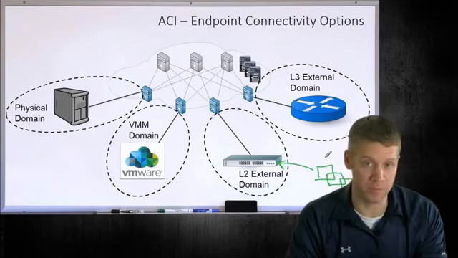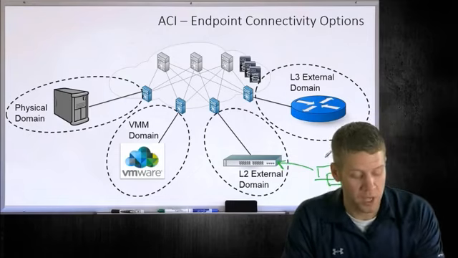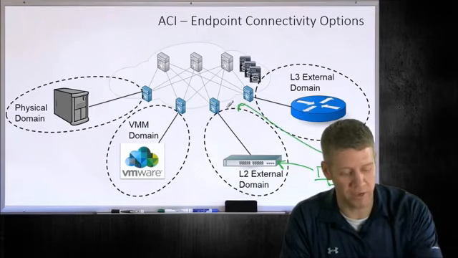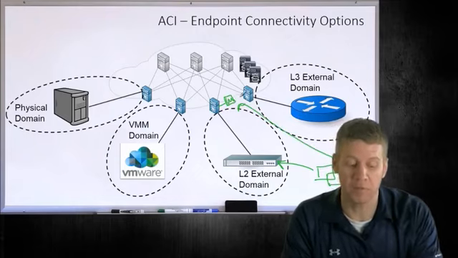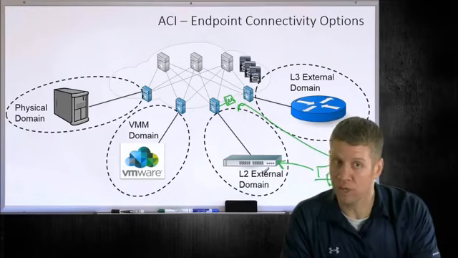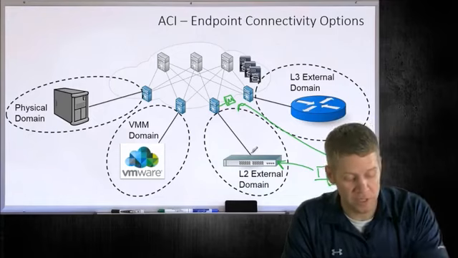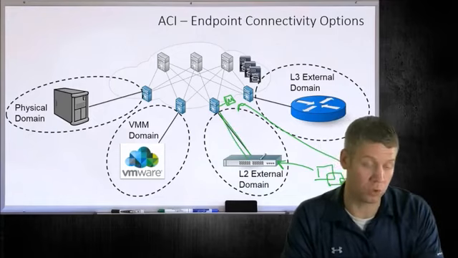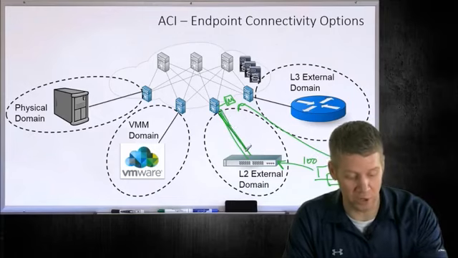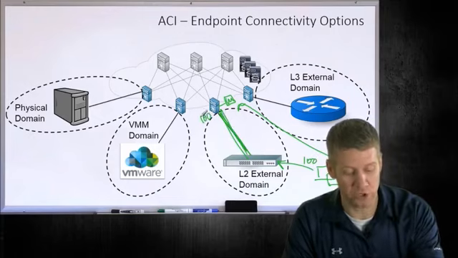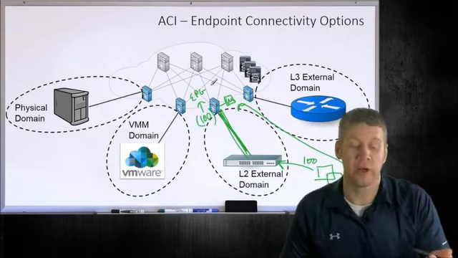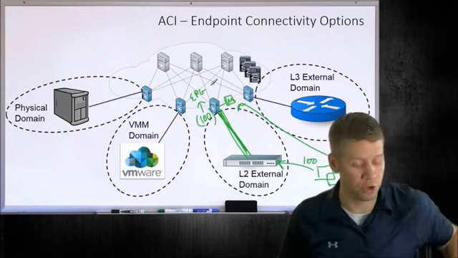We're still running spanning tree or FabricPath or something, and as we go through time, we're migrating these to hang directly off of the ACI fabric. Well, that may be a use case for an external layer 2 handoff, so that the VLAN these servers ride upon, I think I used VLAN 100 in my previous example, is extended all the way up here, and we're taking traffic off of VLAN 100 and stuffing it into an endpoint group. That would be the need for an external layer 2 domain.